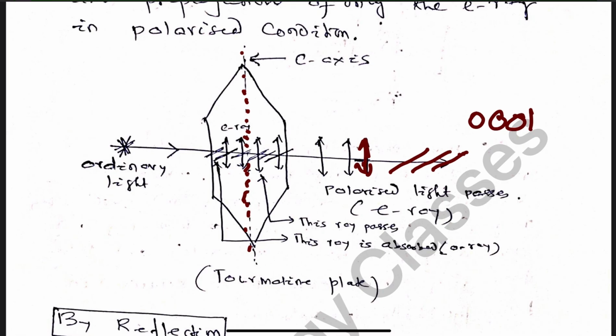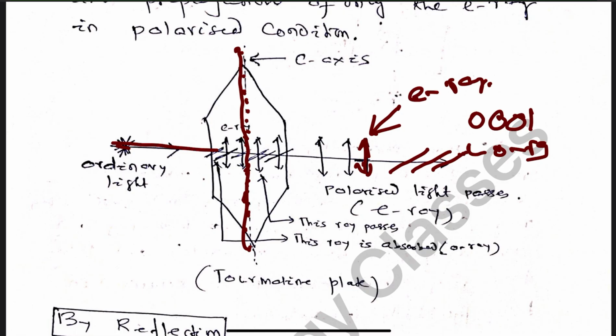This vibration belongs to the O ray. This vibration belongs to the E ray. Because we have to remember here that the E ray always moves through a plane that contains the incident ray and the c-axis. So this is the incident ray and this is the c-axis. This is the plane in which the E ray vibrates.